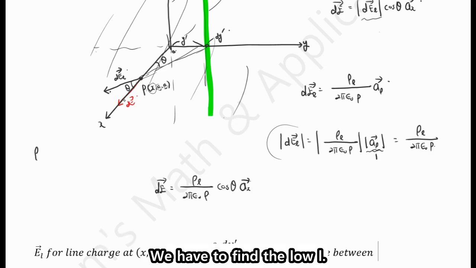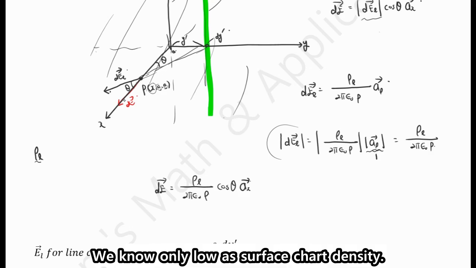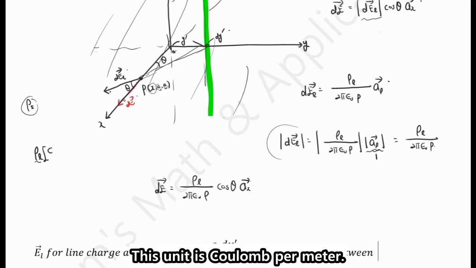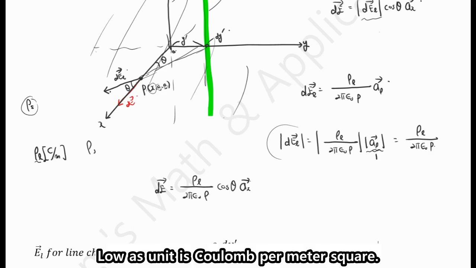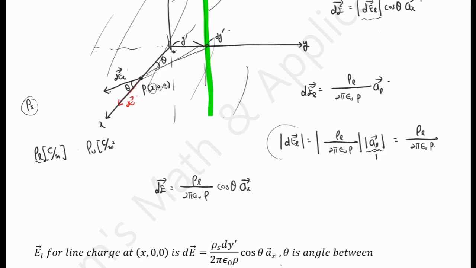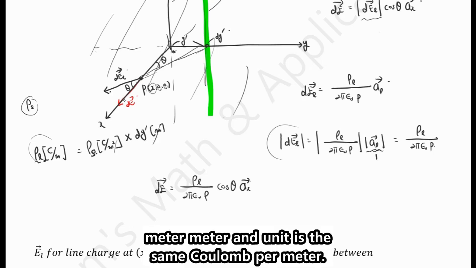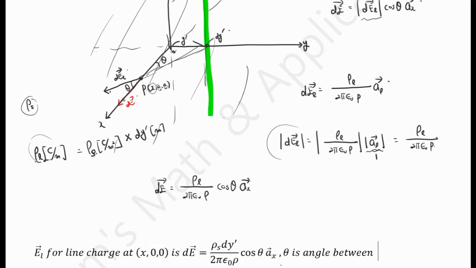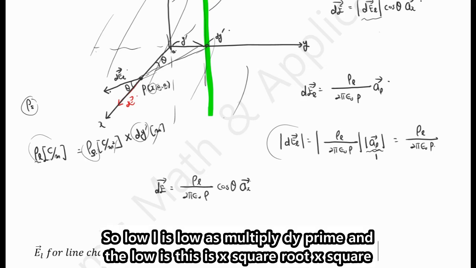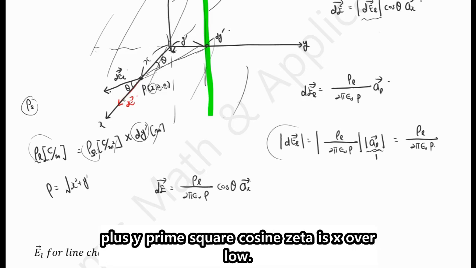We have to find rho_L, but we don't know rho_L. We know only rho_S, the surface charge density. The unit of rho_L is coulomb per meter, and the unit of rho_S is coulomb per meter squared. So to make rho_L, we have to multiply by dy' in meters, and the unit is the same, coulomb per meter. So rho_L is rho_S multiplied by dy', and rho is the square root of x squared plus y' squared.